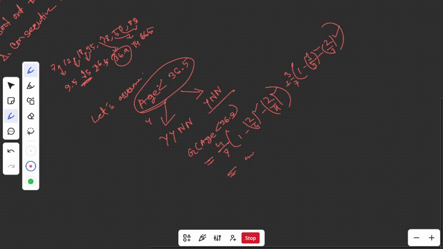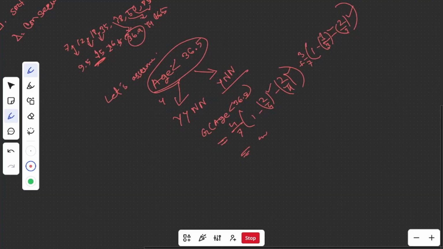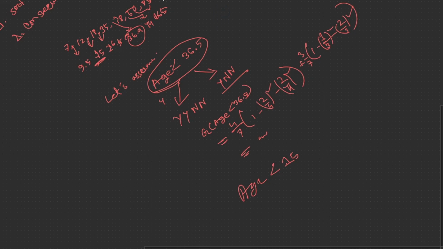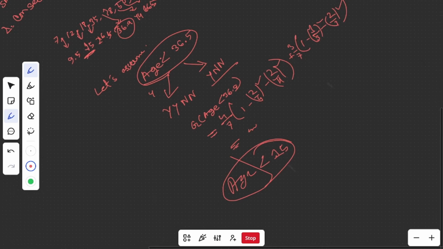So you have to find out for each of these, like age less than 15, what will be the decision, or what will be the Gini impurity.